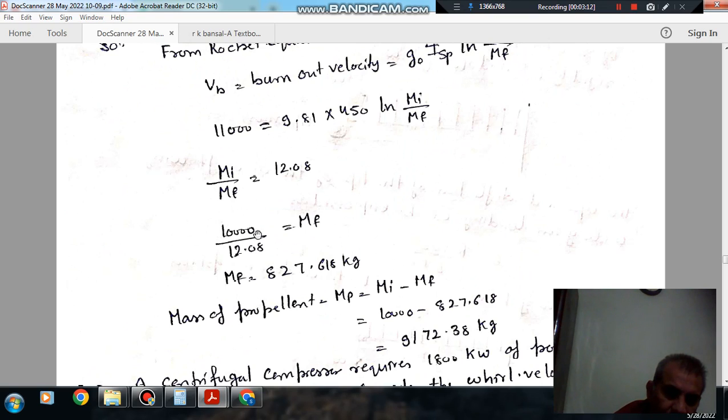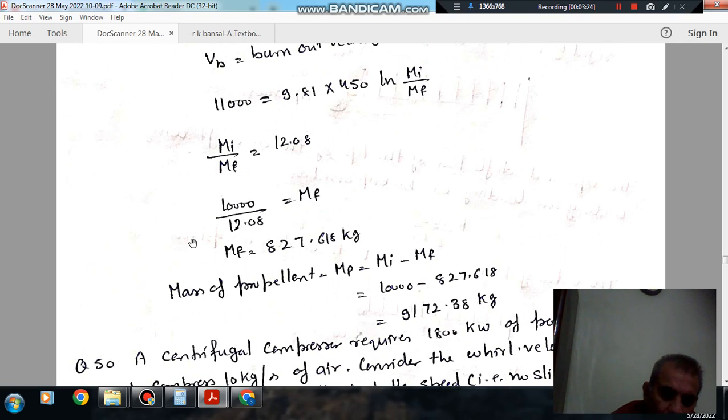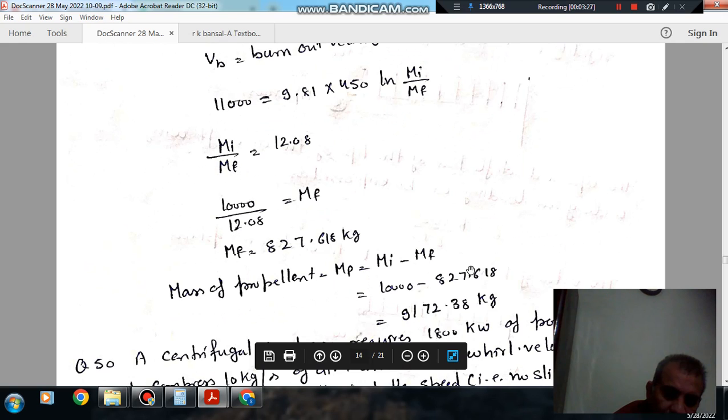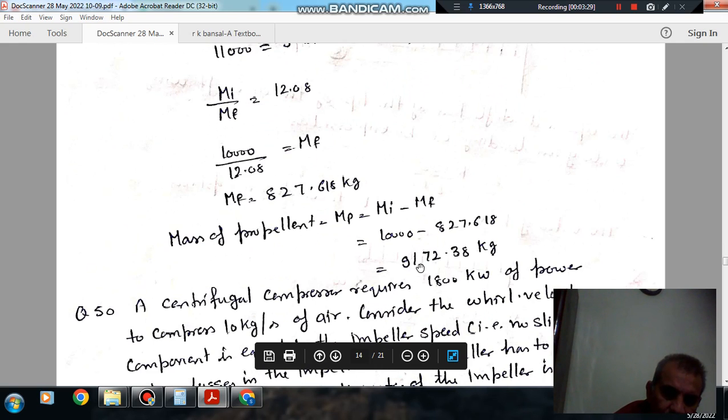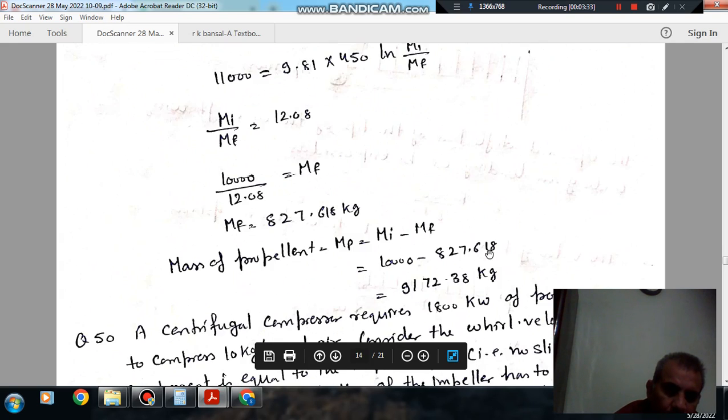So mi is your 10,000, and mf, the final mass, is 827.618, and this is initial mass. So mass of propellant is initial mass minus final mass, that is 9172.38 kg. Okay.